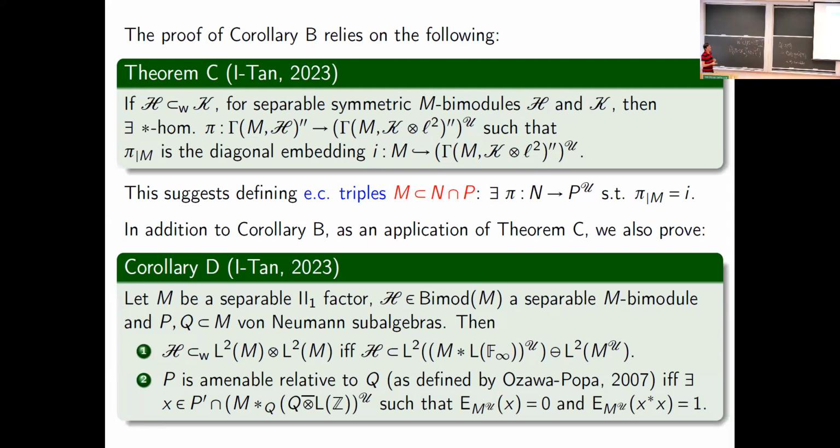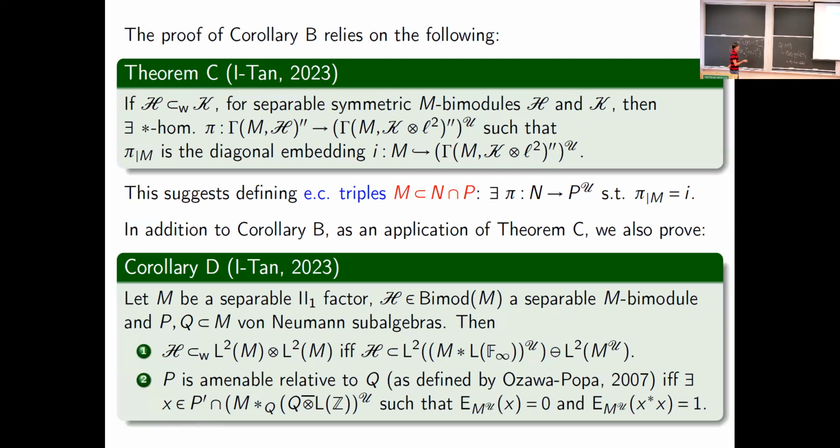So P is amenable relative to Q inside M. I won't recall the definition, which is in terms of the basic construction of M with respect to Q. But that happens if and only if there's an X in the relative commutant of P in this larger algebra, constructed as the amalgamated free product of M over Q with Q tensor an abelian von Neumann algebra, to the ultrapower, such that the projection onto M^U is trivial.